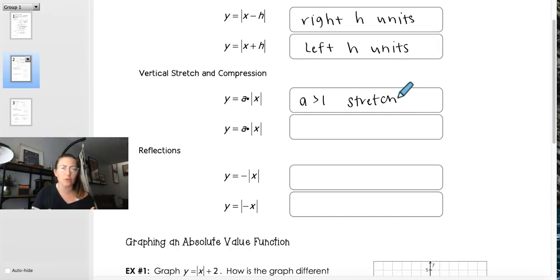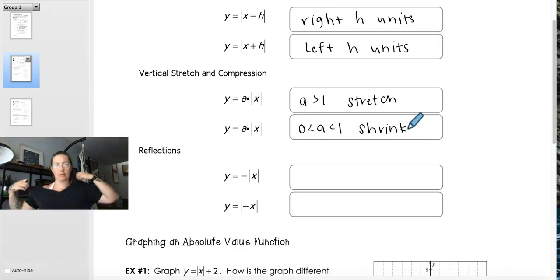Half, third, 2/3, a fourth, a fifth, 1/10, whatever the case is. Okay, so if a is between 0 and 1, that would be a shrink. If a is 1, there's no stretch or shrink. It's just normal. No stretches, no shrinks, just the normal parent.